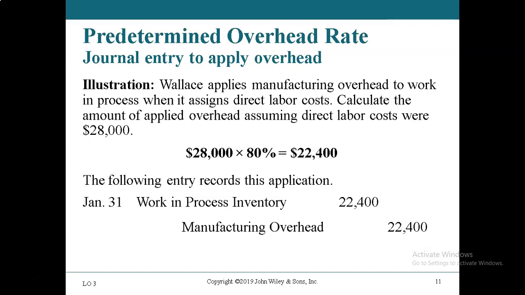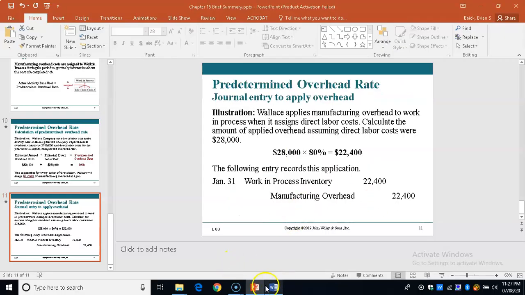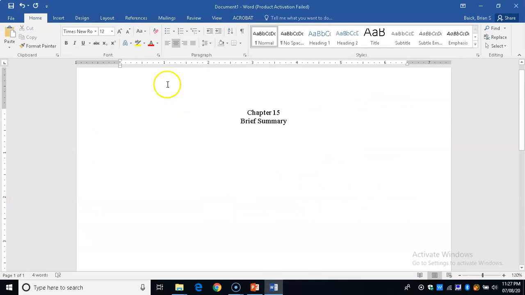This is an example which you can look at yourself, but I want to show you in more simple terms how you can figure it out. Let's say that estimated manufacturing overhead is $1,000. At the beginning of the year, I think I'm going to have $1,000 in overhead.